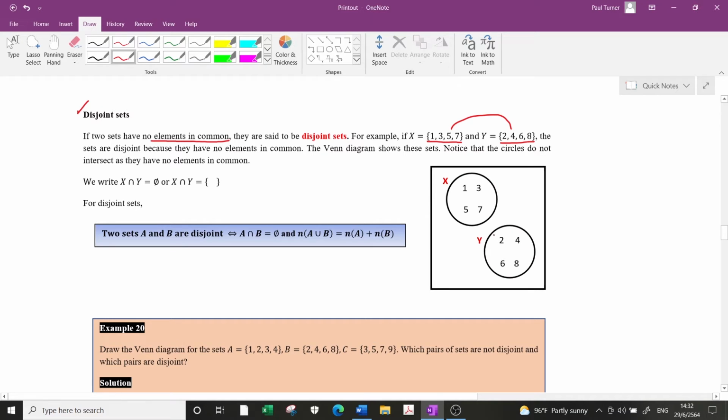They don't touch because they have no elements in common. They have a gap. So we could write the intersection of X and Y is empty. It's an empty set. Or remember, we can use the empty brackets for an empty set as well.